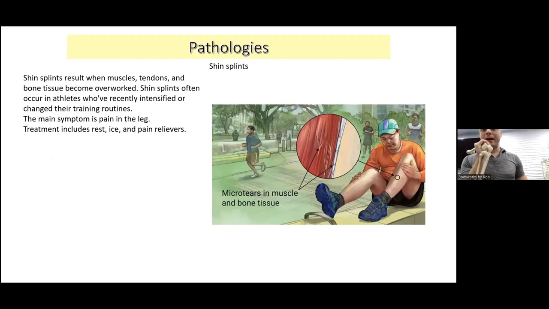But anyways, these muscles are involved with dorsiflexion of the foot, right? And so typically, as we run, we're lifting the top of the foot up.